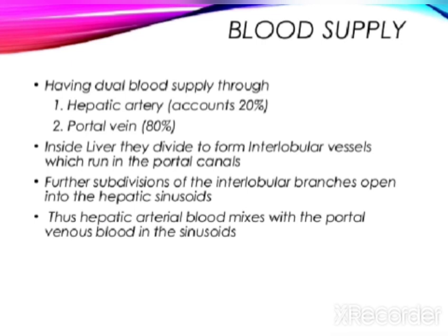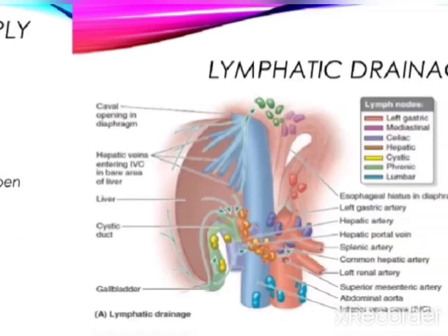Thus the hepatic arterial blood mixes with the portal venous blood in the sinusoids, and there are no anastomoses between the adjoining hepatic arterial territories, and hence each branch is an end artery in this hepatic blood flow.